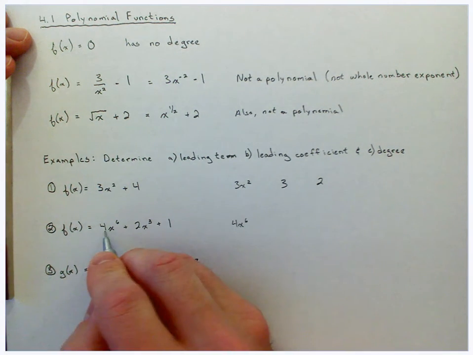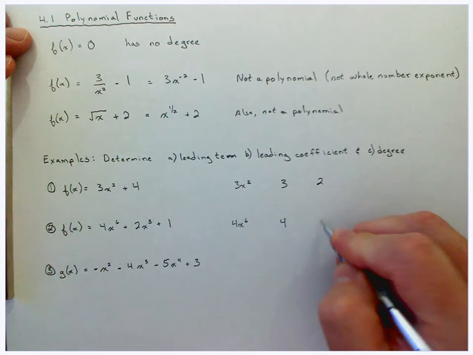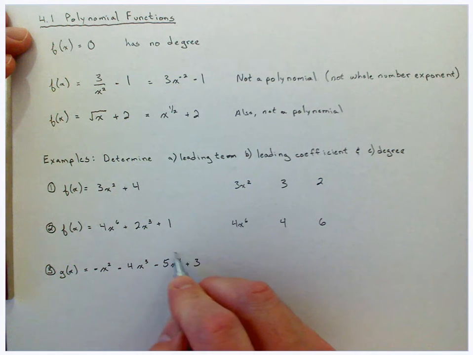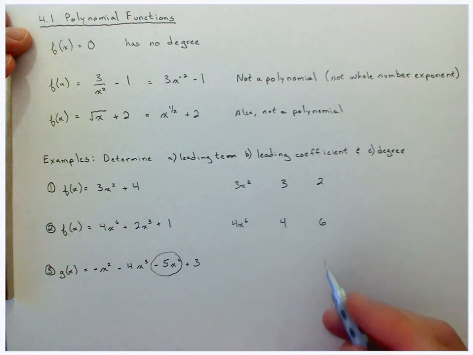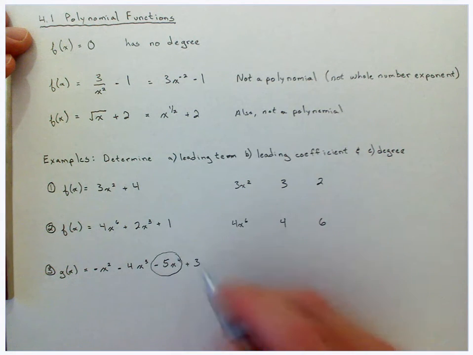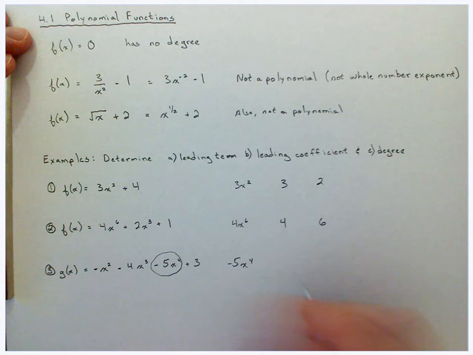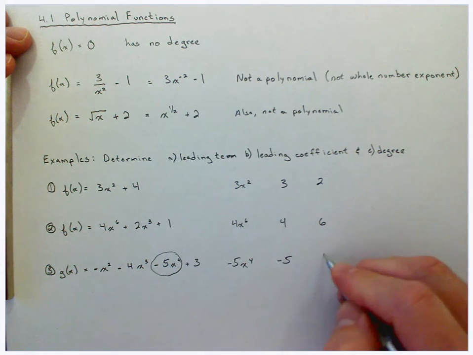Leading coefficient, 4. Degree, 6. My leading term, well, this is not written in standard form. I could rewrite it all and make it in standard form, but this right here is my leading term. Negative 5x to the 4th, leading coefficient, negative 5, degree, 4.